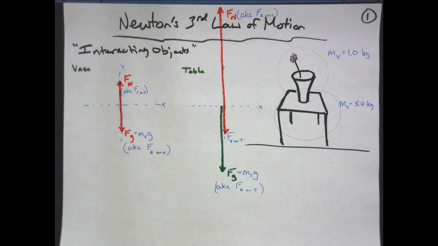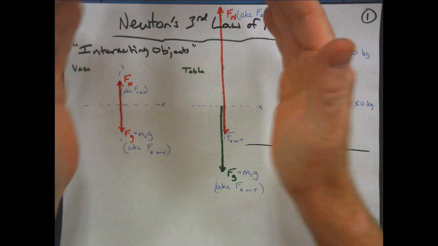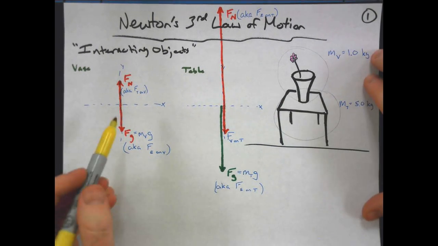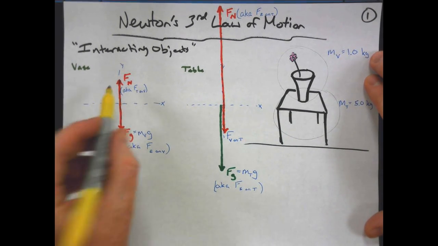Well, there's one thing I want to point out to you, and it is this. In this whole entire group of forces, we have two objects interacting with each other, the table and the vase. And when they interact with each other, that's when they create these forces between them. So we see force of table on vase right here.